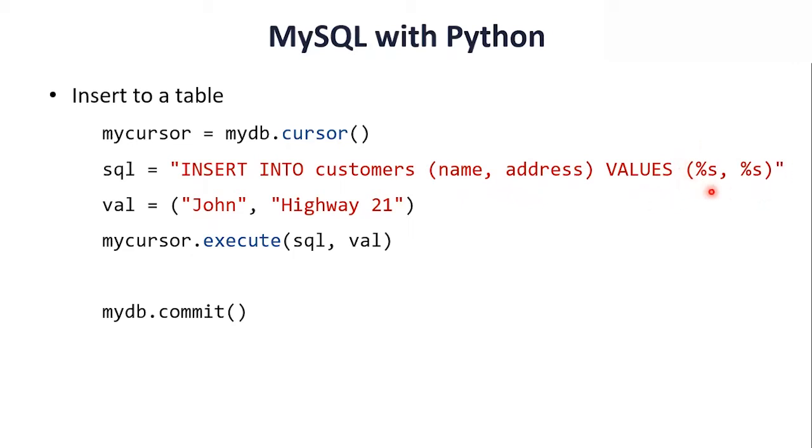We have used this string formatting operator, %s and another %s, and we are providing our values separately since it's a more convenient approach. So we will say first value is John, that would be the name, and the address would be Highway 21. So we provide it as a tuple. And for this myCursor.execute function, we are providing the query followed by the set of values.